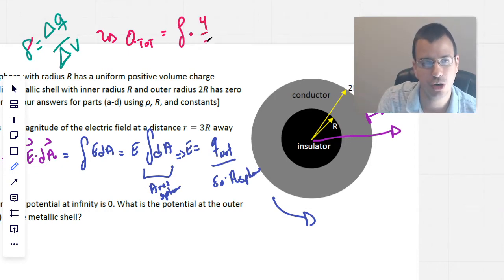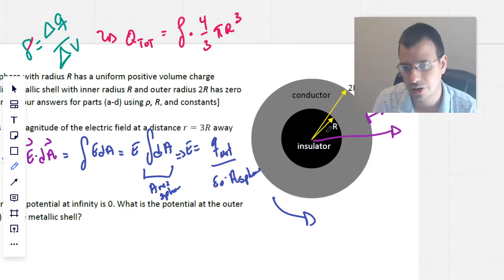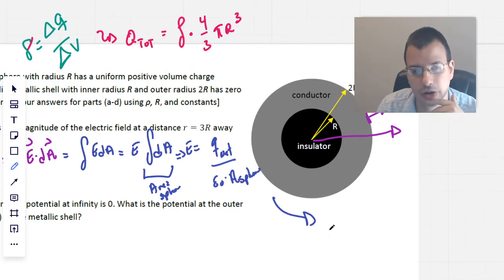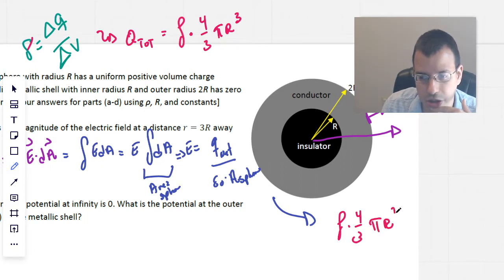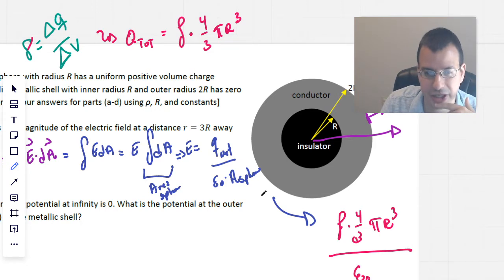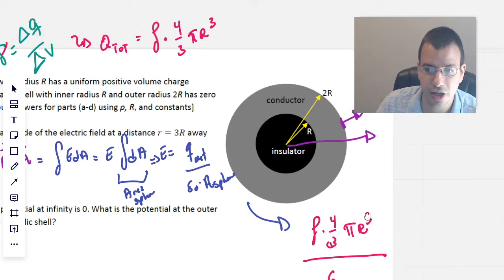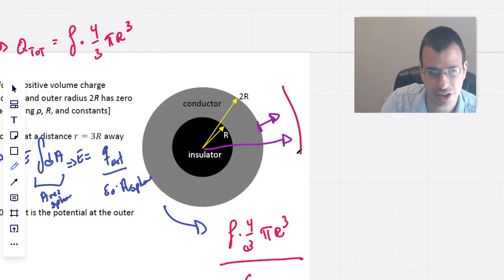Volume of the sphere is 4/3 pi r cubed. And since our sphere is r big, the r is actually just going to be the big R. So we have rho times 4/3 pi R cubed all over epsilon naught times the area of the sphere that we're measuring this at. Now we're measuring it at r equals 3R.